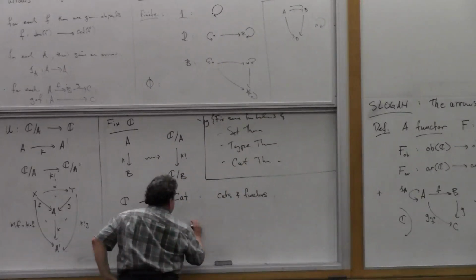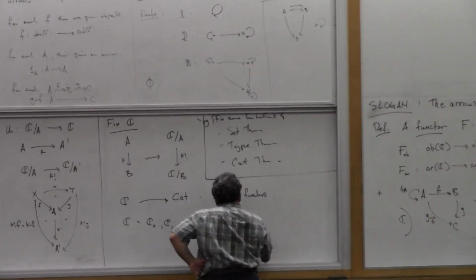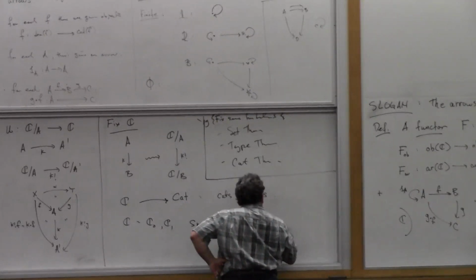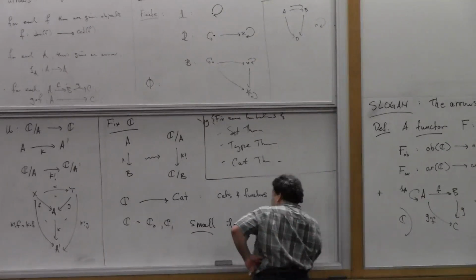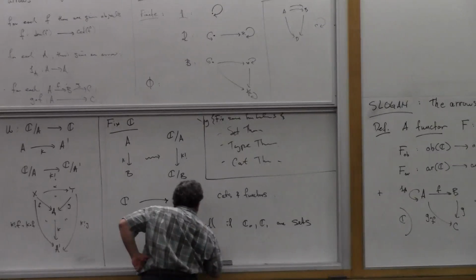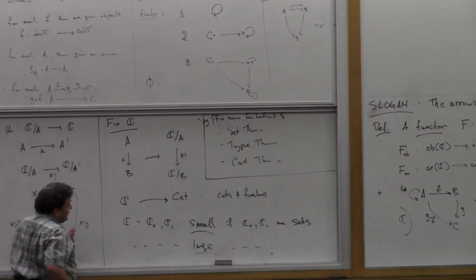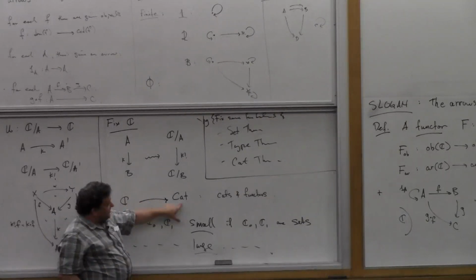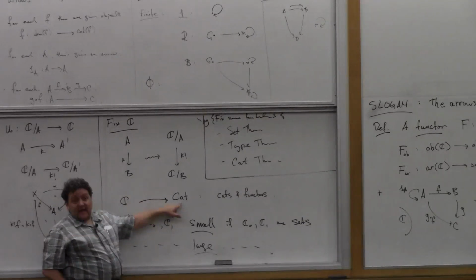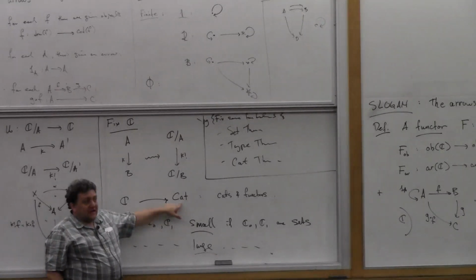So as a definition, we'll say this is small if both C0 and C1 are, let's say, sets, just to be specific. And we'll say it's large otherwise. That's just terminology, but it's useful because here we would say Cat is the category of all small categories. And then Cat itself is not small; by foundational principles, Cat itself must be bigger.